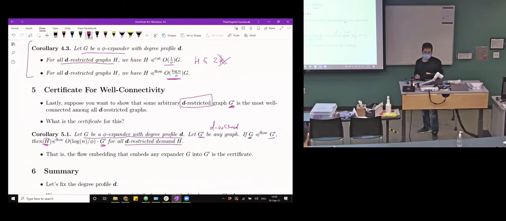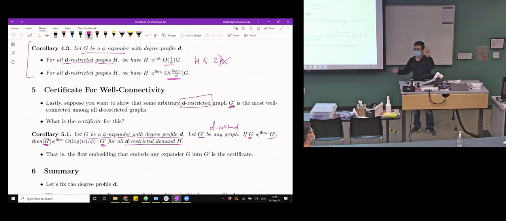And this is what I mean by that. It means that if I want to ask you for some certificate, like I want to say that G prime is the most well-connected guy, what is the certificate for that? Give me any multi-community flow that embeds any expander into G prime, then G prime is good.